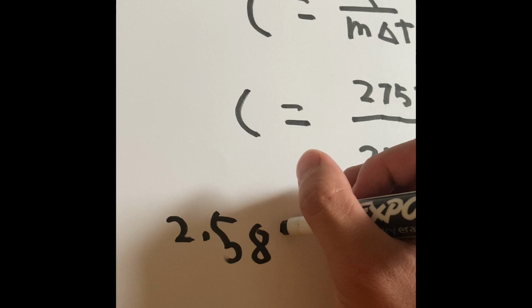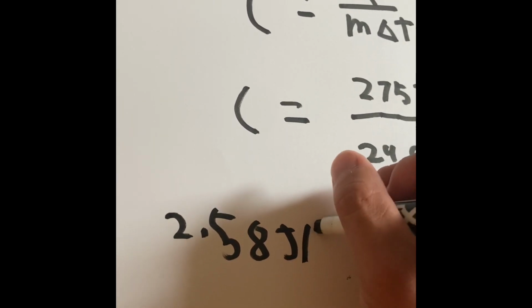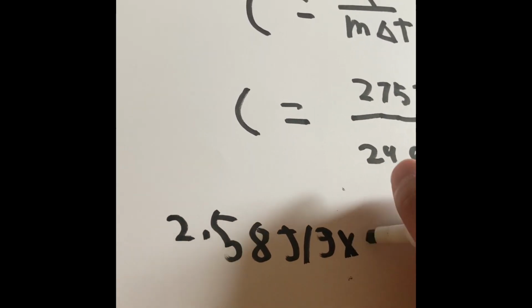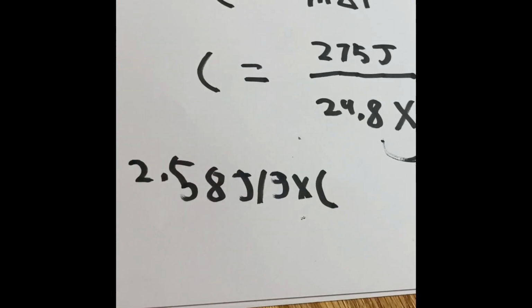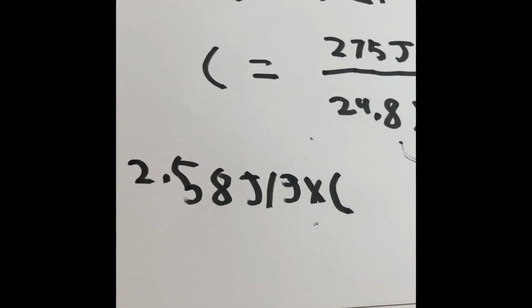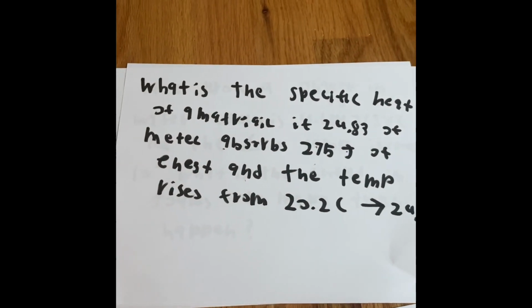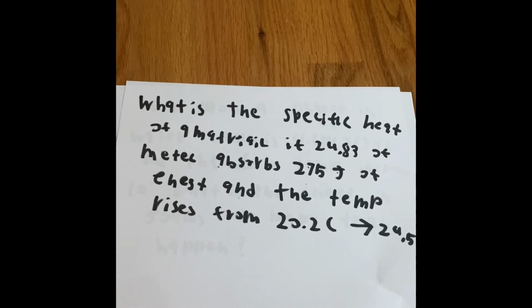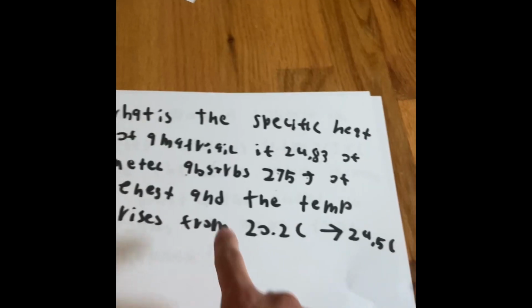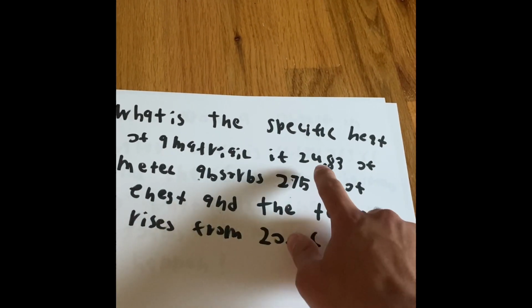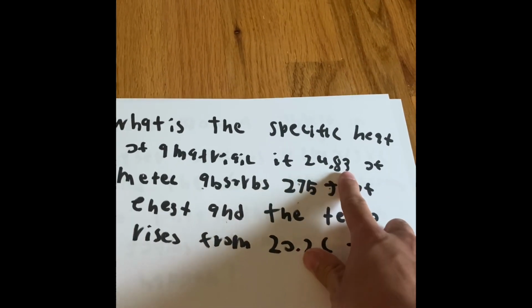2.58 joules per gram times Celsius. In this scenario, the metal is absorbing 275 joules of energy and changes temperature from this to that, and the metal is 24.8 grams.